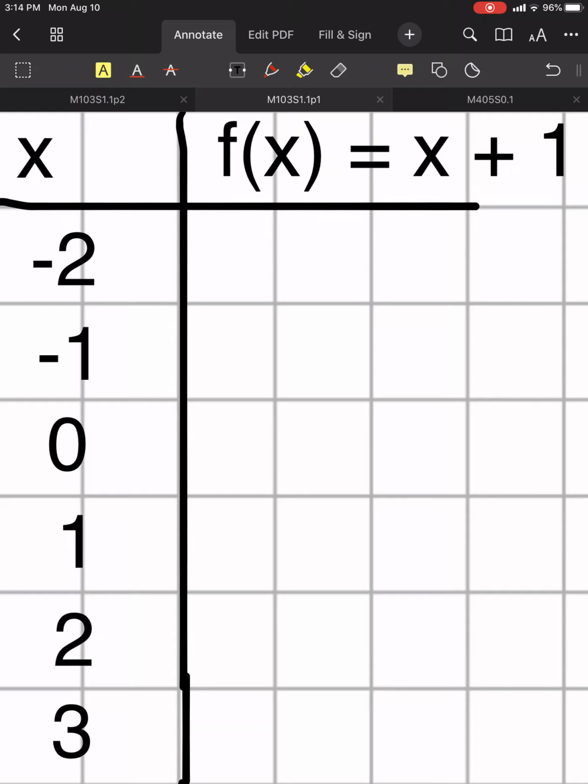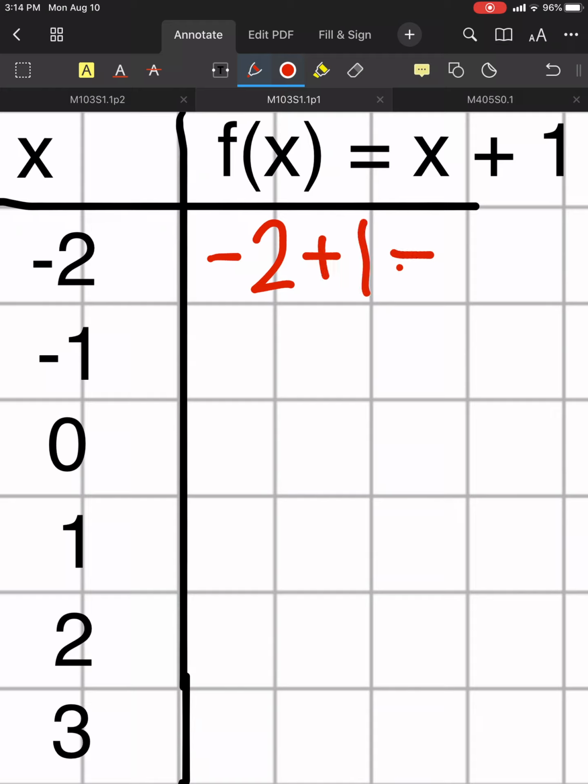Okay, now if you've paused this and filled those in, most of what I do from here on out will be stuff that you've already done, but let's go ahead and take a look. Here, our first x value is -2. If we plug that in for x, we should get -2 plus 1, which if we add that up, we should get -1.